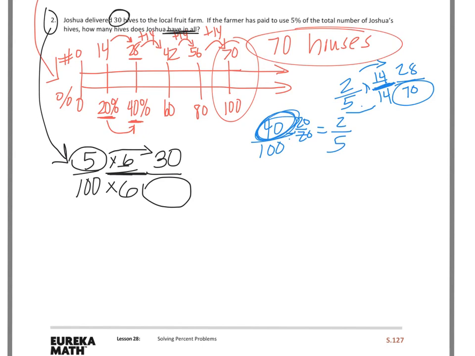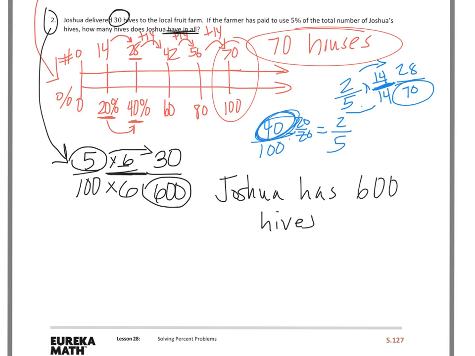It has to be the same number on top as on bottom, so we can make sure that's a 1 whole that we're multiplying by. So 100 times 6 is 600. Joshua has 600 hives in all. And that's one way to show that representation.